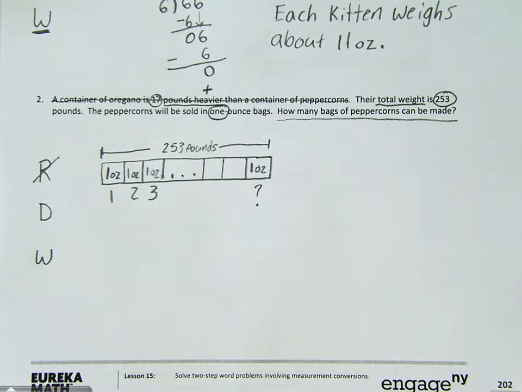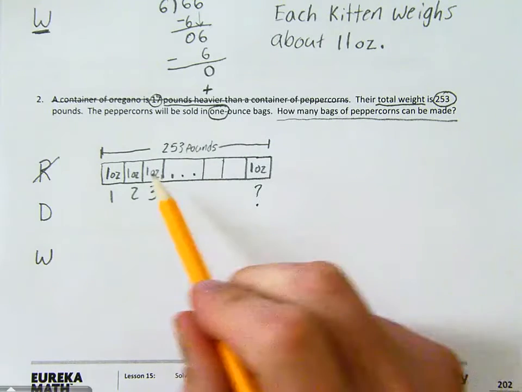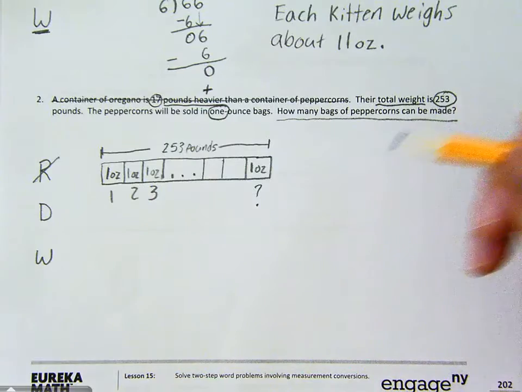So what I'm going to need to do is I need to convert pounds to ounces, because if I find out how many ounces are in 253 pounds, then I'll know how many 1 ounce bags I can make.